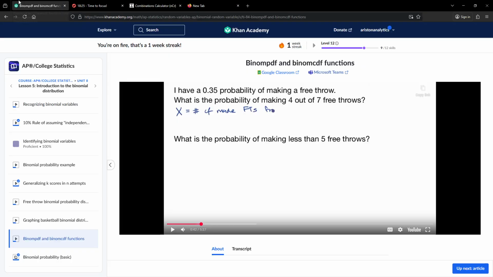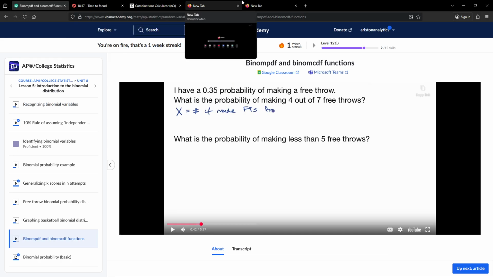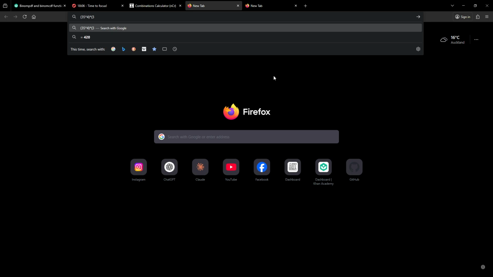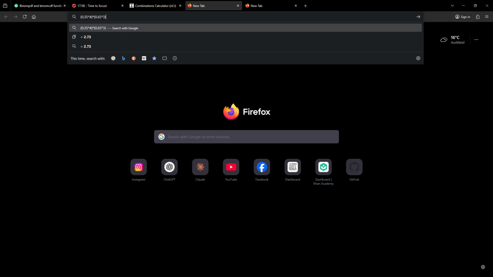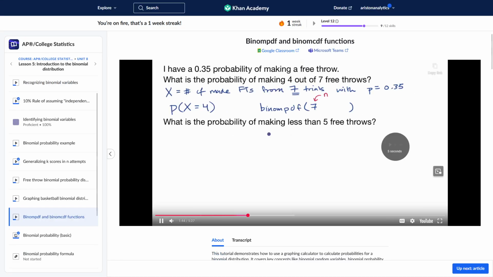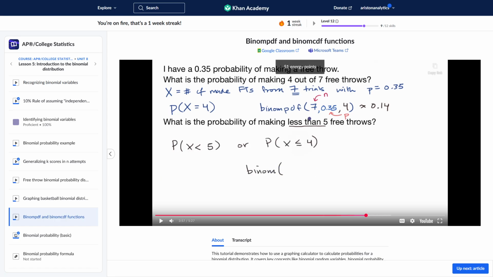It'd be 35 times... 14.42%. So the probability is about 0.14.